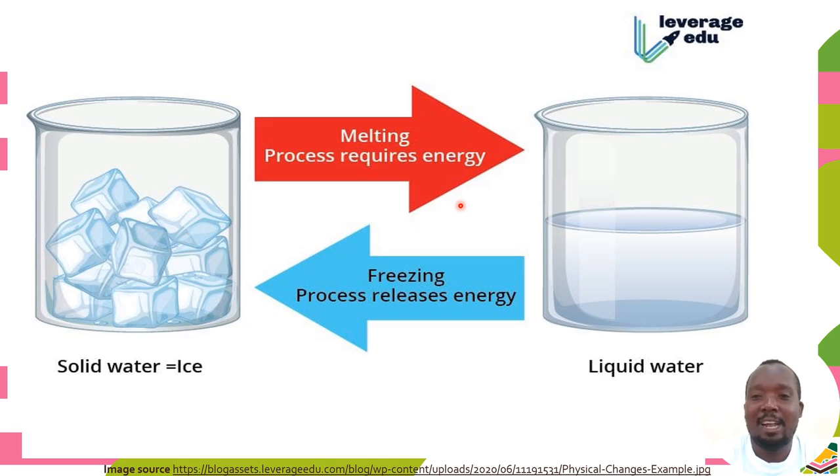So long as they absorb heat, they will start melting. Why are they melting? Because there is a change of state of matter, from solid to liquid. So energy is involved.